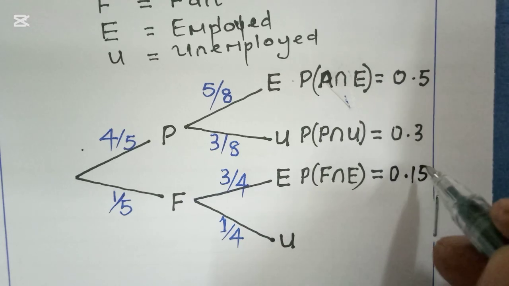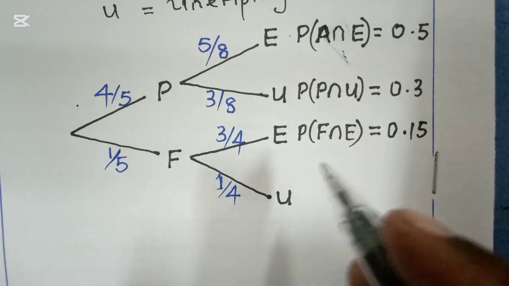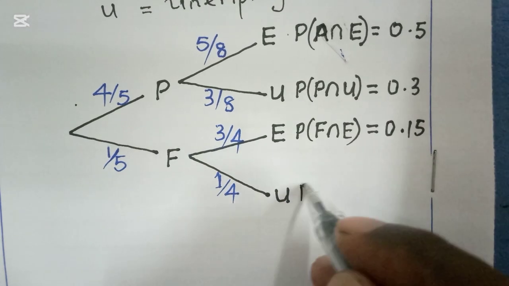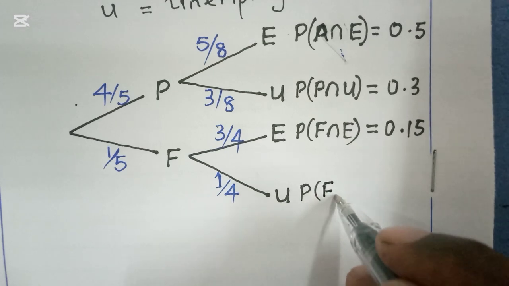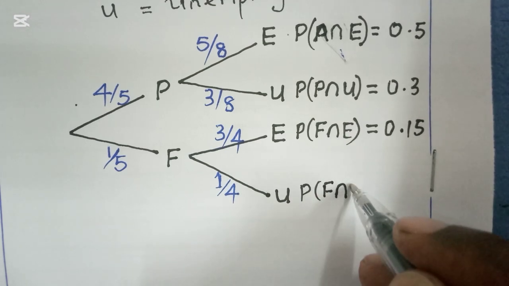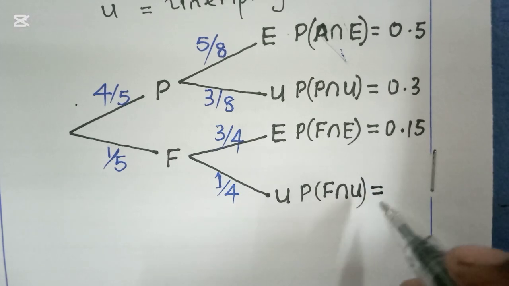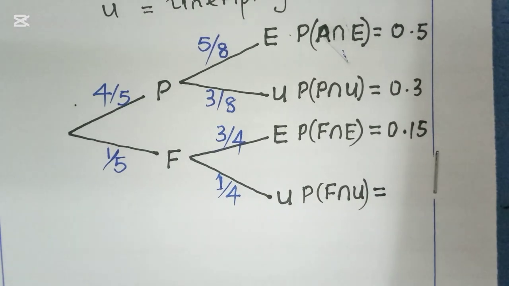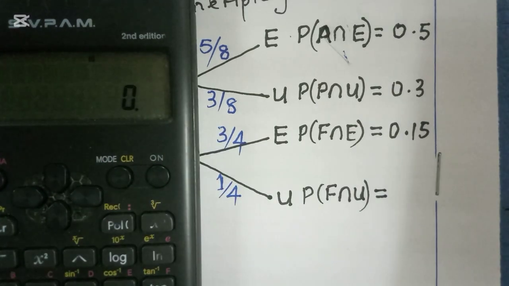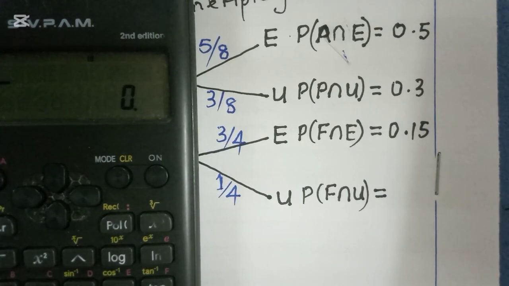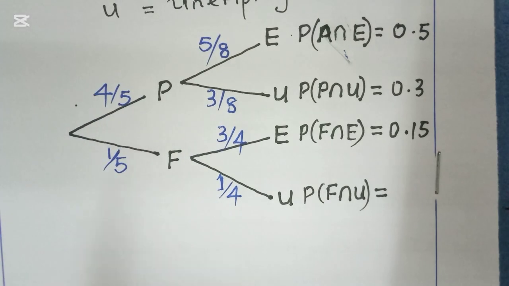We continue. The last one, the probability of failing exams and not being employed, that is being unemployed. This one is going to be 1/5 times 1/4. That is 1/20. 1 divided by 20 gives us 0.05.